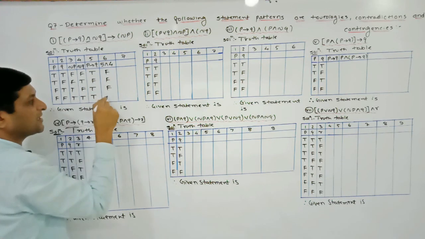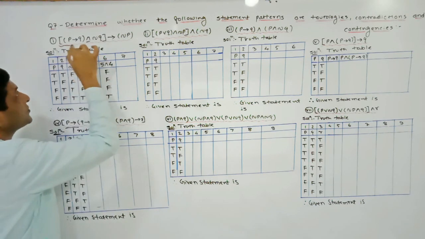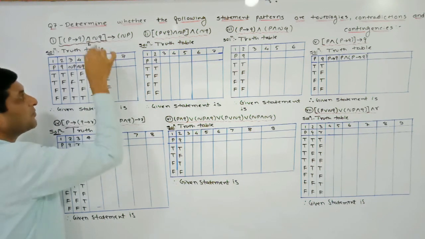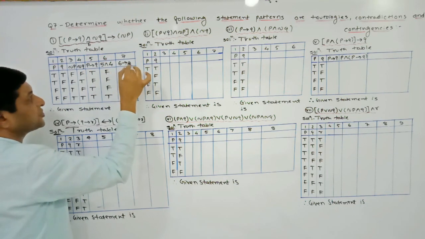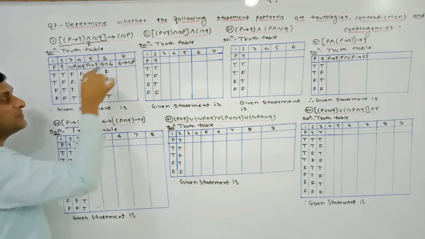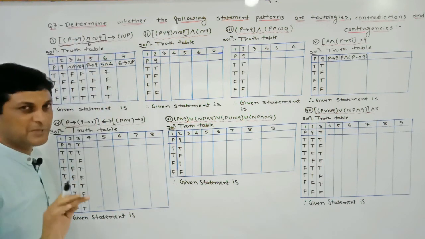Here false does not appear, so we can say that and will be true. In this way we have got the truth value of this whole part, and its truth value lies in column number what? 6. So 6 implies negation P. So observe, these are the truth values of negation P, and these are the truth values of this whole statement which appears in column number 6.